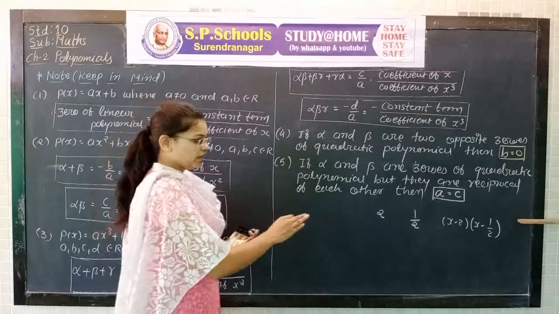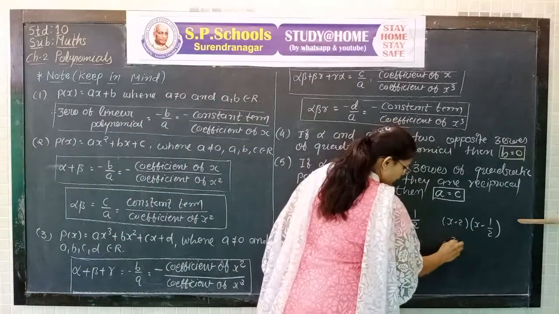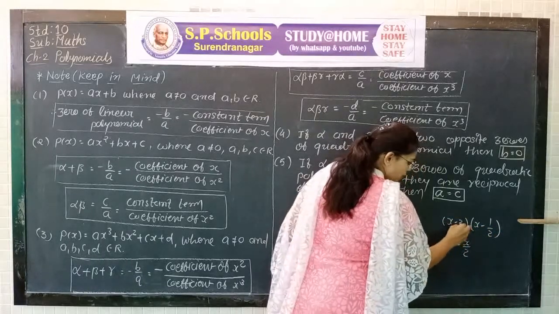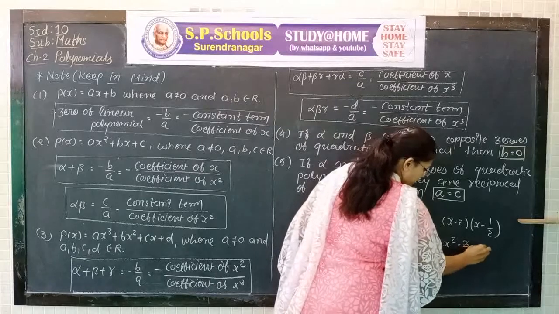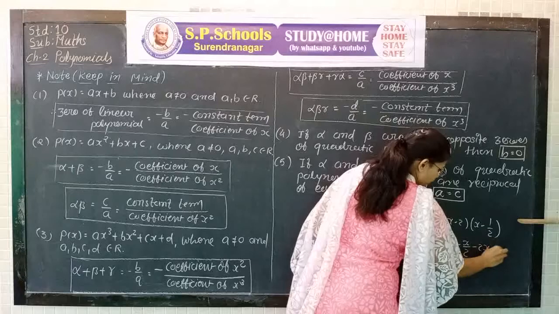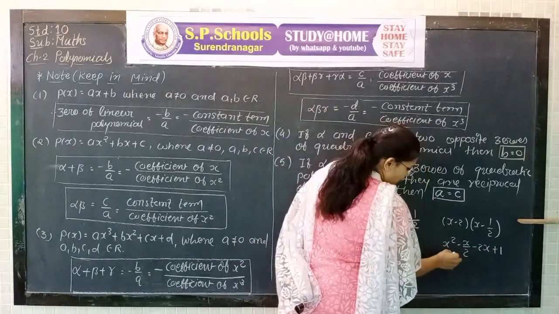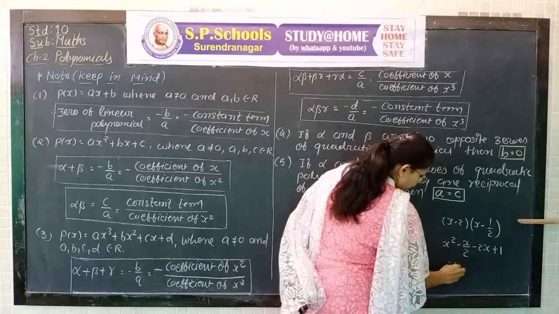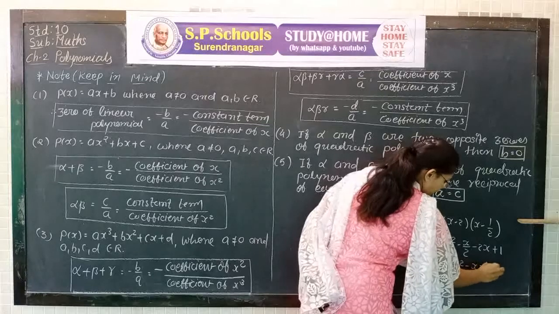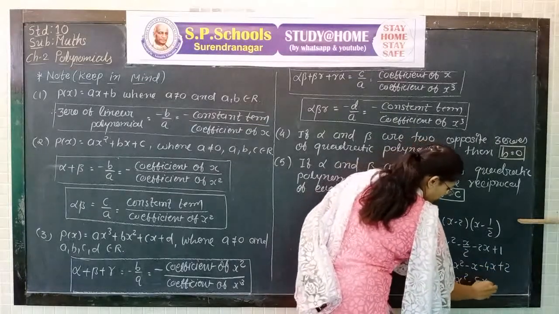Now we multiply these two brackets with each other. x multiplied by x is x square, x multiplied by minus 1 upon 2 is minus x upon 2, minus 2 multiplied by x is minus 2x, minus 2 multiplied by minus 1 upon 2, we get plus 1. See, by taking LCM, 2x square minus x minus 4x plus 2, so 2x square minus 5x plus 2.